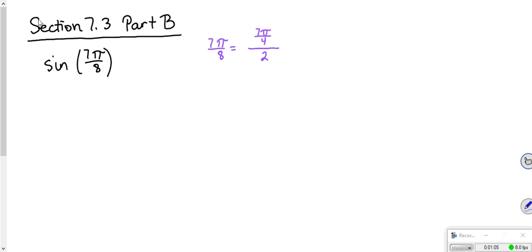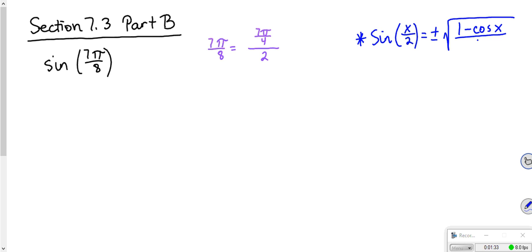Now, I also want to remind you of the half-angle formula for sine. So our sine half-angle formula, if we have sine of x over 2, equals plus or minus, remember the plus or minus depends on what quadrant you're in, whether sine would be positive or negative there, the square root of 1 minus cosine x divided by 2.